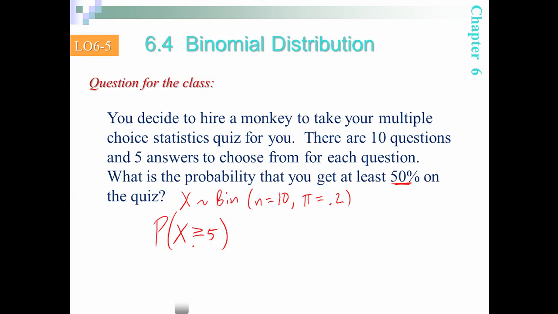So we have the probability x is greater than or equal to 5, which is equal to 1 minus the probability x is less than or equal to 4. So why would I do it this way? Use the law of complements, because I can use the CDF function on this part to get what I'm looking for.